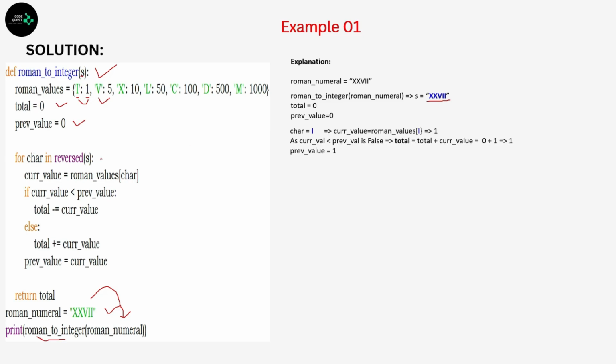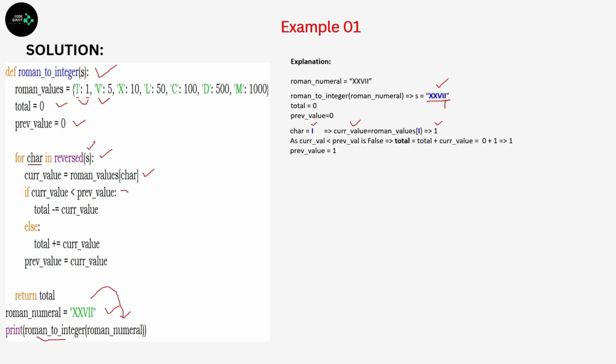Now when we get into this for loop, we are going to find the reverse of this string S. So char is going to begin from the reverse order of the given string. Because my string is XXVII, I start from the reverse, so the first letter is I, and char carries I to start with. Here I'm calculating the associated value of the character I. We can see that I is associated with 1. As a result, the current value receives the value 1.